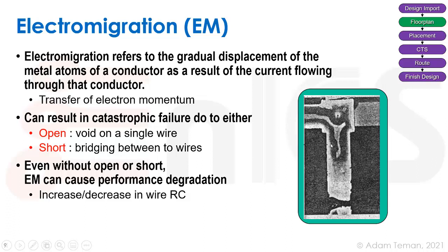Now, in the past, electromigration was basically only checked on power rails because what we're doing basically is filling up and discharging capacitors from VDD through a transistor to a net, and then from the net through the transistor to ground. And that means that we have current always flowing through VDD and ground.